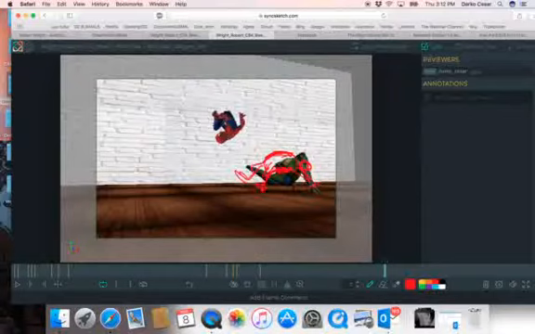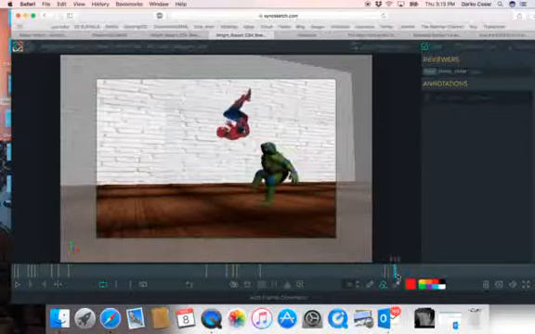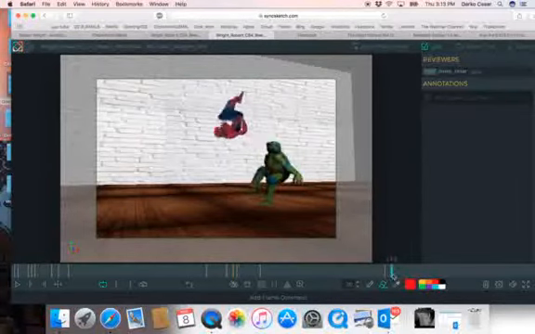Or maybe this one's still like that. But Maya cannot connect stuff if it doesn't have enough information. All right, so that's the thing.